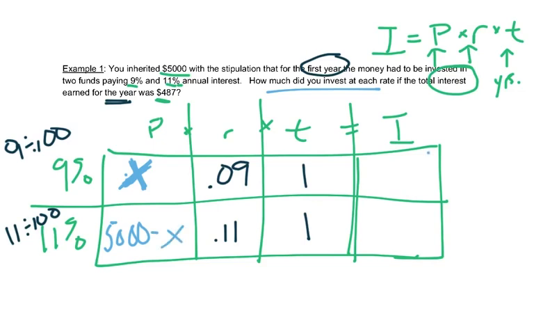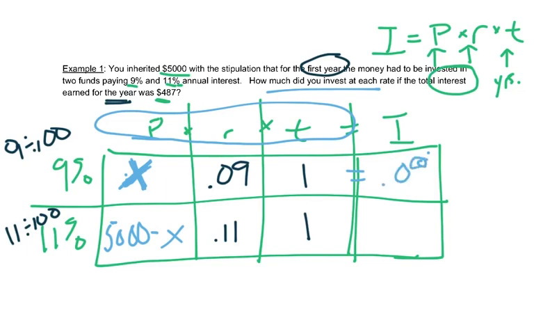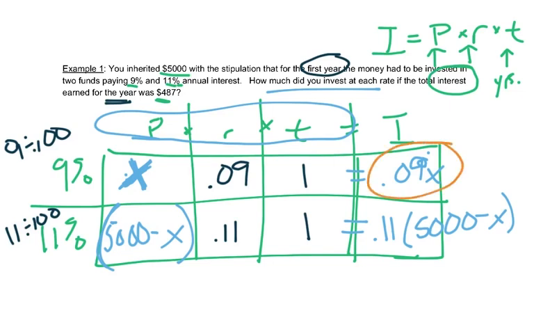So to find the interest, this formula tells us what we do. We take all of those things, we multiply them together, and we get the interest. So X times 0.09 times 1 would be 0.09X. Here, this 5,000 minus X needs to be in parentheses. So when we multiply all of that together, we get 0.11, parentheses, 5,000 minus X. So this is the interest amount from the 9% account.